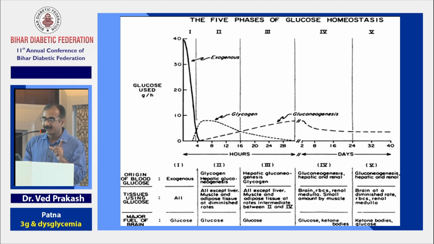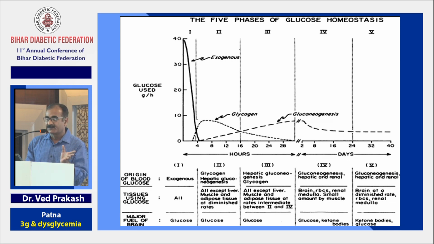In the first 4 hours, the origin of blood glucose is exogenous, all cell types use glucose, and the major fuel for the brain is glucose. In the second phase, from 4 to 16 hours, glycogen is the main source of glucose, and all cells except muscle, liver and adipose tissue use glucose. In stage 3, hepatic gluconeogenesis is the predominant mechanism, and glucose is still the major fuel for the brain.